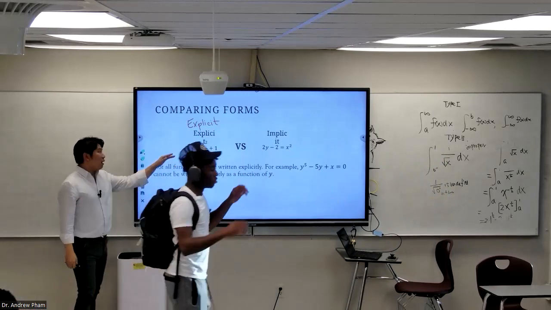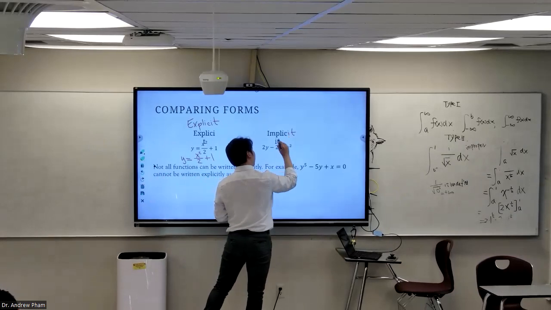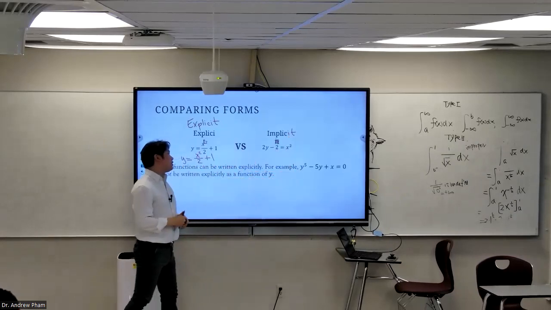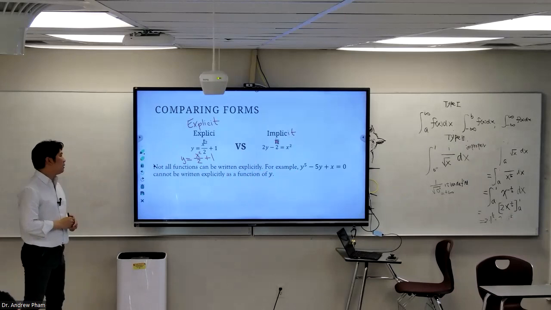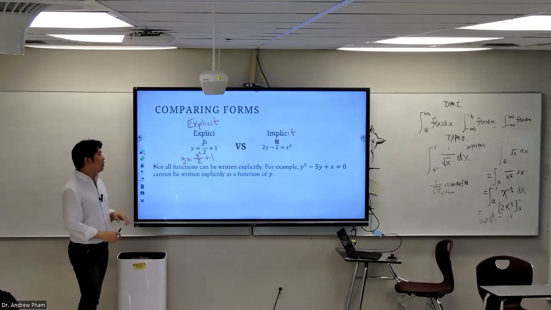And here on the right, I have implicit. For example, I might have 2y minus 2 equals x squared. So if I showed you this little versus thing, what do you think is the big difference between explicit versus implicit form?